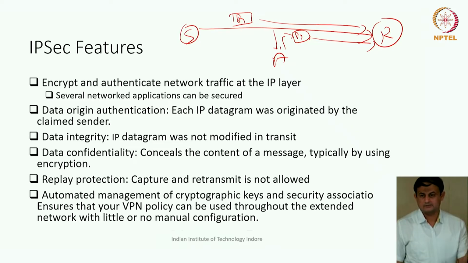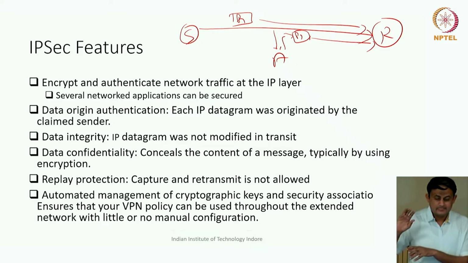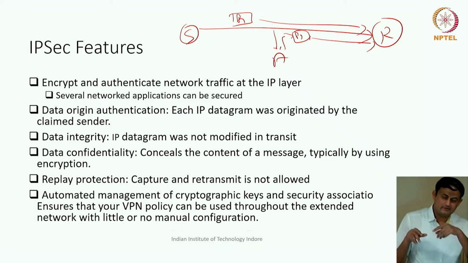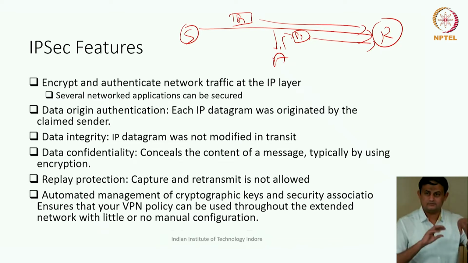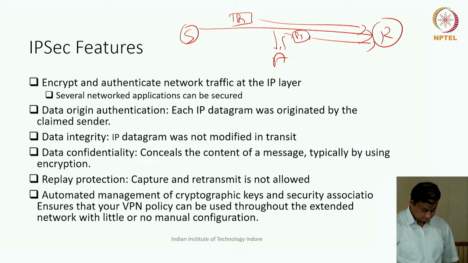The only difference is that in TLS, for every application you need to establish one TLS session. But in IPSec, you can establish once, and then irrespective of what application is transmitting the data, the same security association parameters can be used for the interaction.